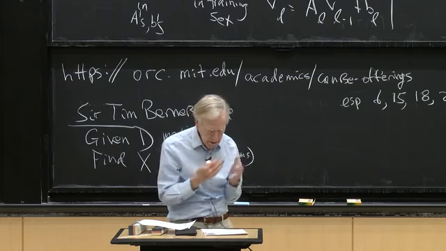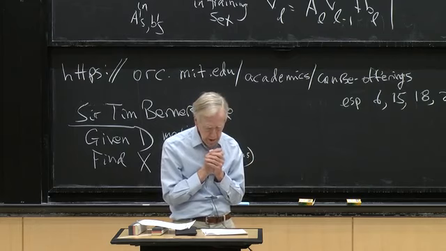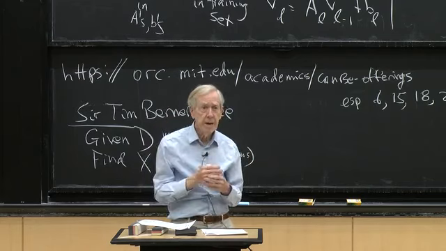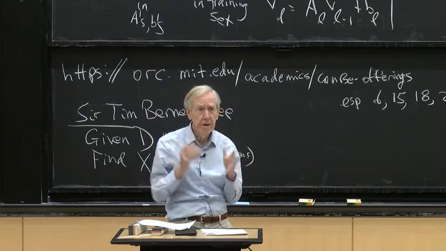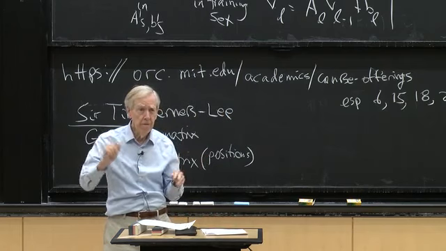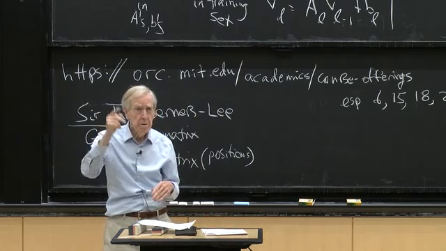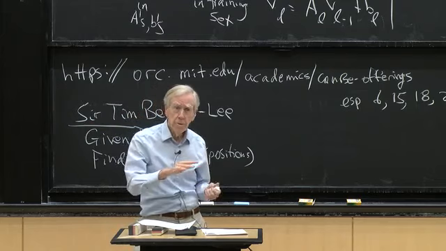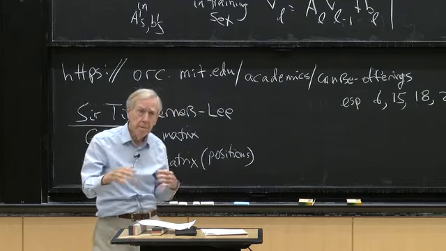Machine learning could also be described as you're given a whole lot of points in space, feature vectors in a high dimensional space. Actually, this is a big deal. You're given a whole lot of points in high dimensional space, and those are related.